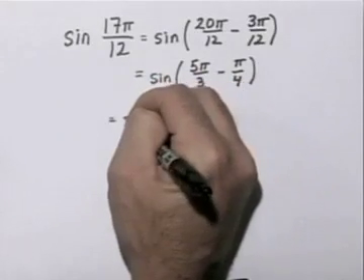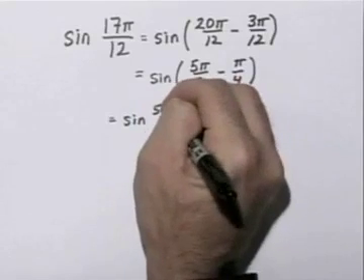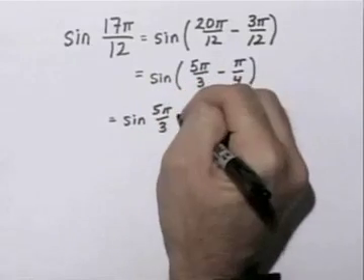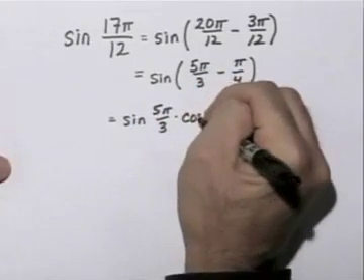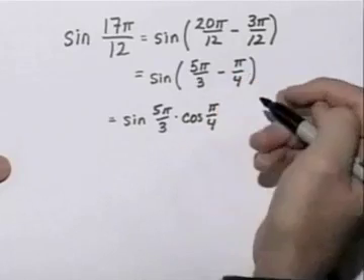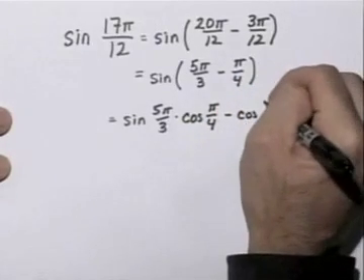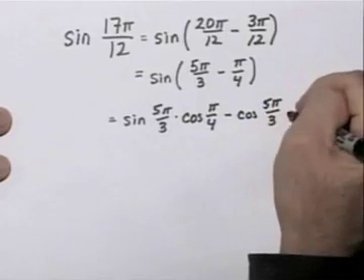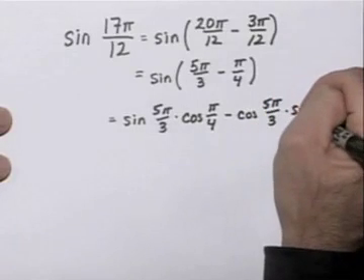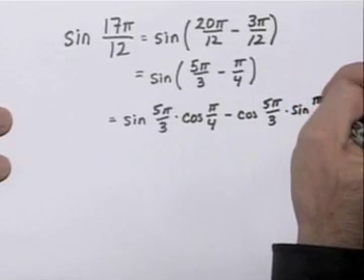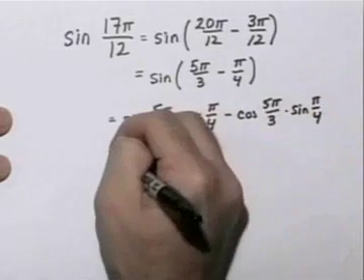So here I get the sine of the first angle, 5 pi over 3, times the cosine of the second angle, pi over 4, minus the cosine of the first angle, 5 pi over 3, times the sine of the second angle, pi over 4.